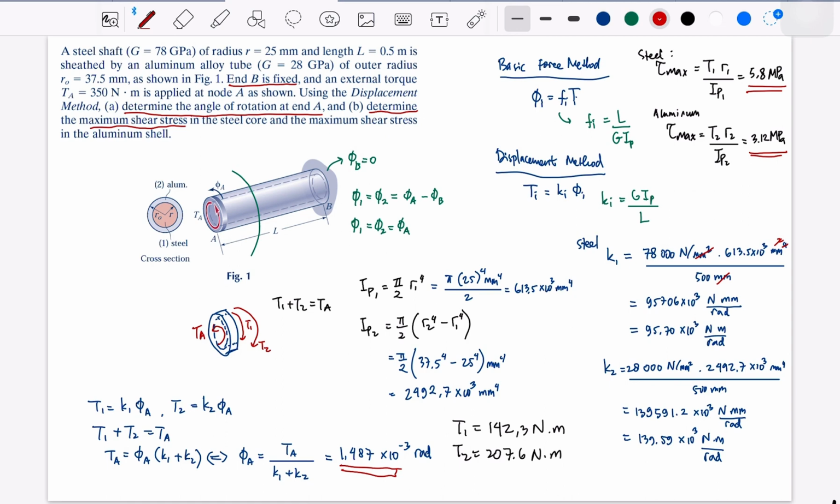So first is finding this relation, okay, from the free body diagram, and you can go to inertia first, or probably go to this K1, K2 first, okay, and then you can go to the relations within these two to get a deformation angle or twisted angle.